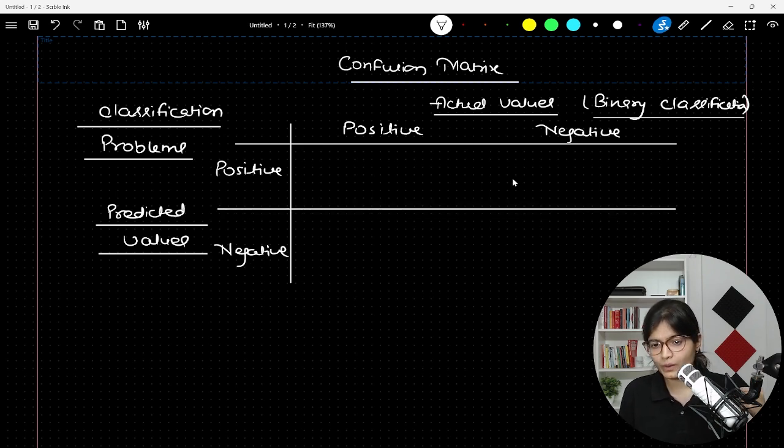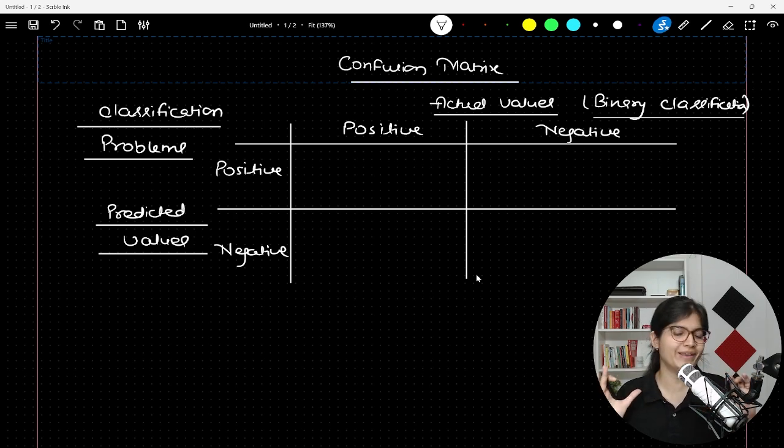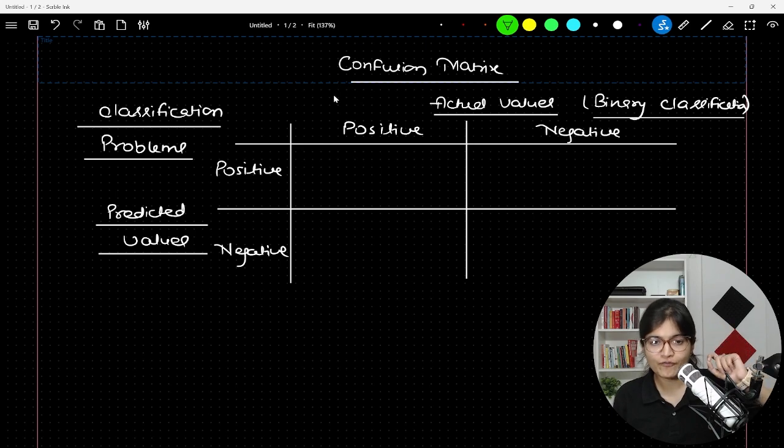Now, this is a kind of 2 cross 2 matrix, which you will be able to see on my screen. This is where the actual concept comes into the picture, and please pay attention to how I'm writing these terms. What I'm saying is that the actual value is positive, meaning let's say y is equal to 1, meaning that a person is diabetic.